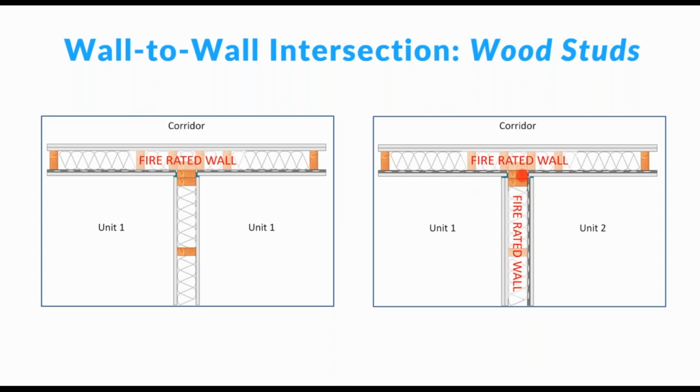It's not continuous, so it's not going to help transmit sound through. But the studs here are all blocked together in this corner. And the wood stud can interrupt the gypsum board because it's approved fire blocking, right? Because it's going to take a while for the fire to burn through that. So this works for wood stud construction.